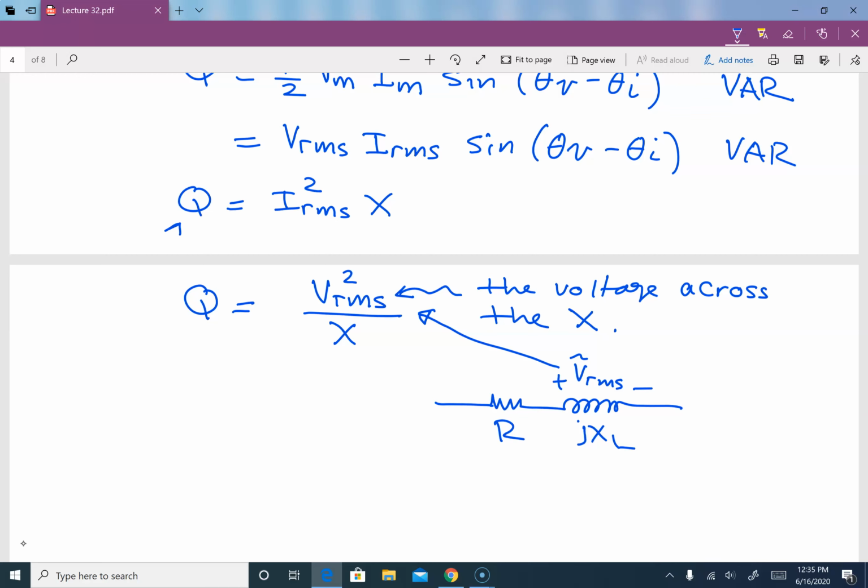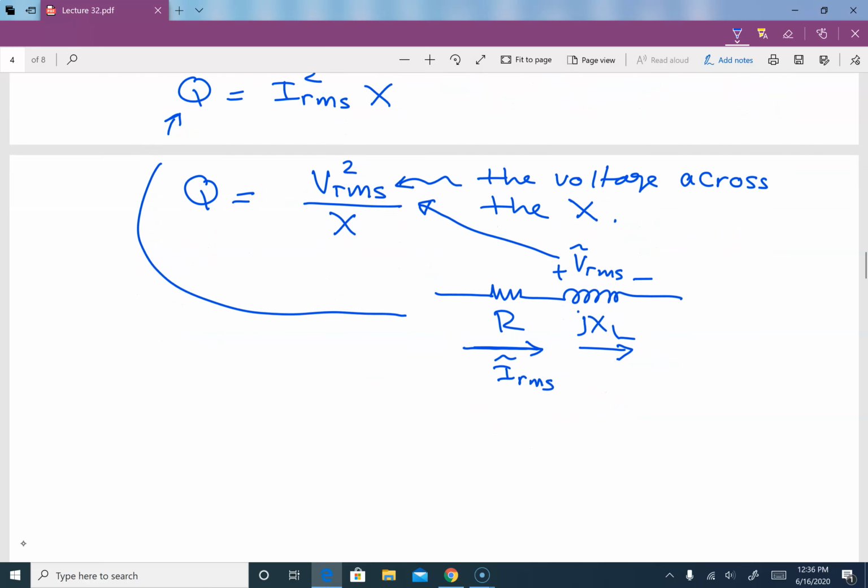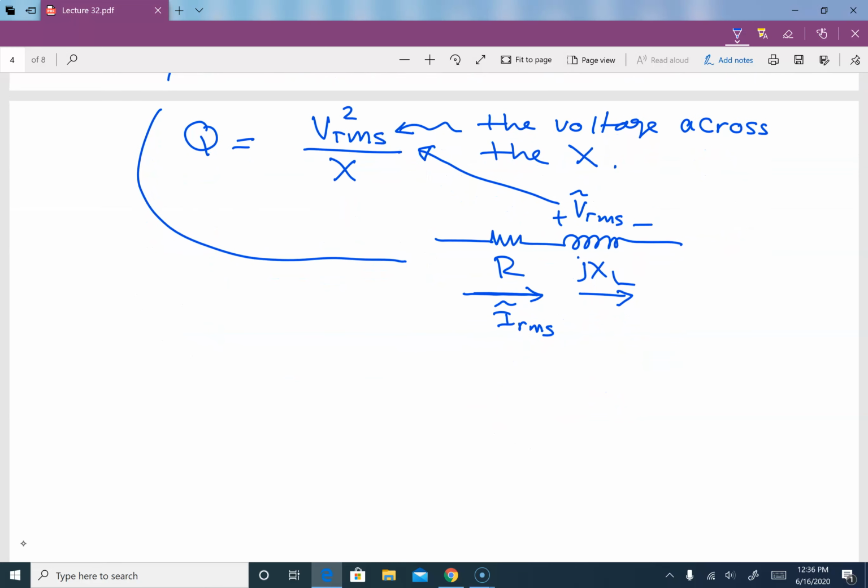However, for this Q, which is IRMS squared times X, the current flowing here, which is IRMS, is the same current flowing through the R and flowing through the X, then we can use IRMS squared X. So that is very important.